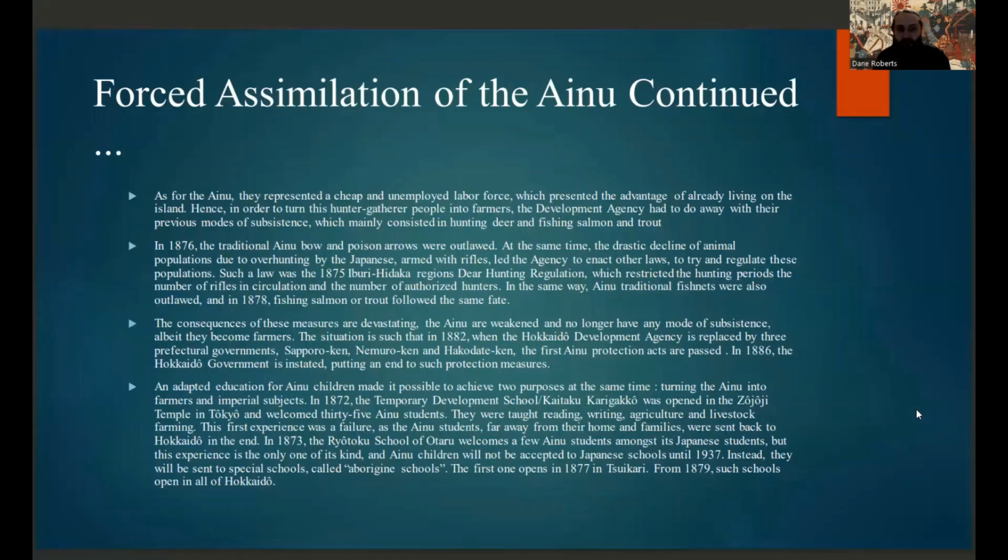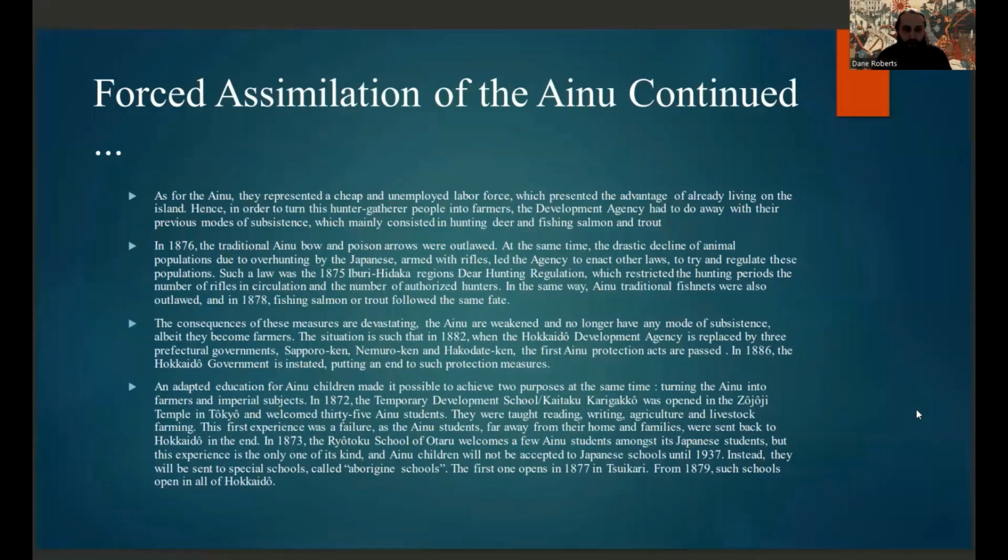The situation is such that in 1882, the Hokkaido Development Agency is replaced by the three prefectural governments, Sapporo-ken, Nemuro-ken, and Hakodate-ken. And the first Ainu Protection Acts were passed. But in 1886, they would also be put to an end, so they didn't last very long and didn't have a very big impact.